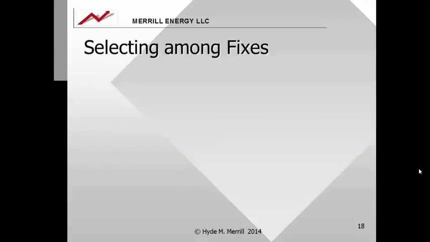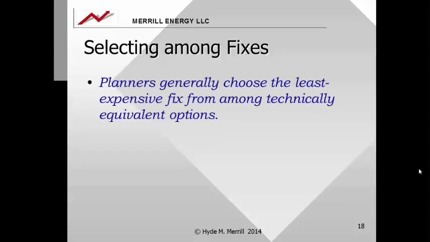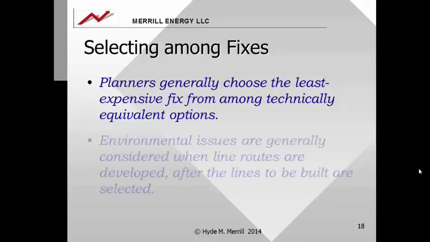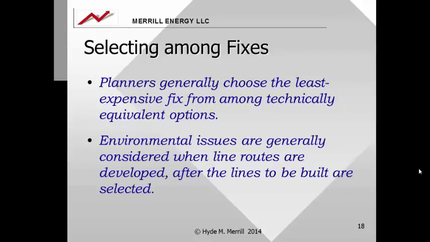Well, usually planners choose the least expensive fix from among technically equivalent options. Where does the environment come in? Once they have made that choice, as they make detailed routing decisions, they generally fine-tune their preferred option to reduce the environmental impact.